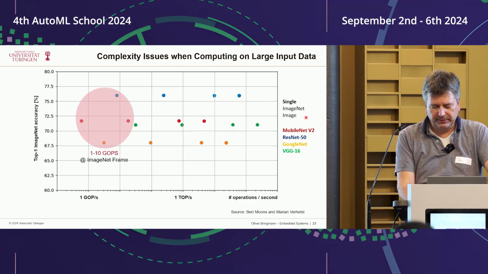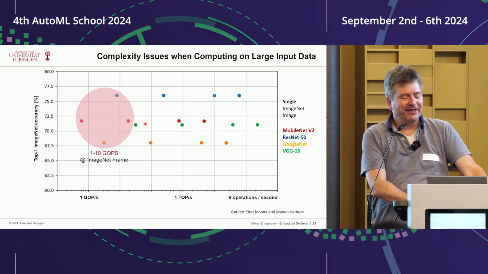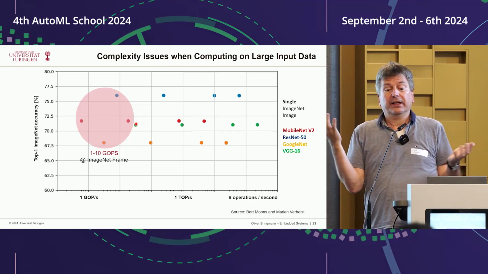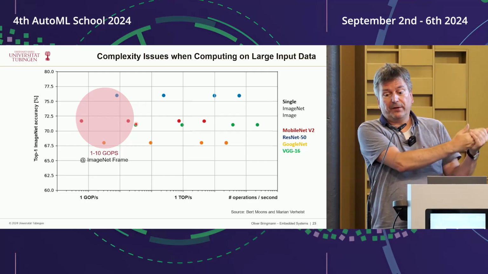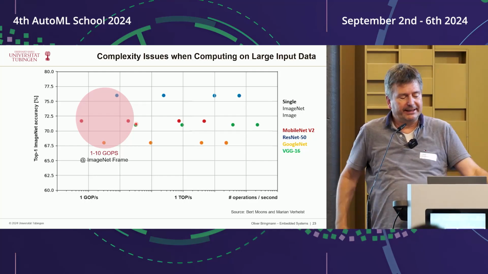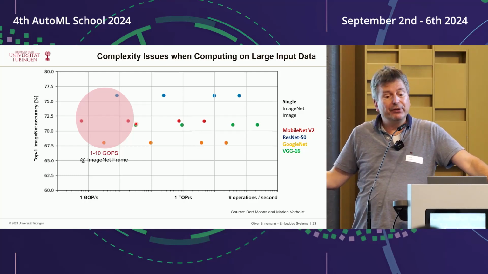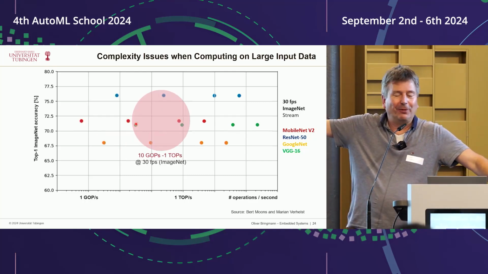Here that's a consideration of a single image. So that's actually the status if you write your paper and you would like to bring results for the ImageNet data set. Now, I don't have to focus on single images. I have a video stream. I have to deal with 30 frames per second, and then of course the complexity will increase.